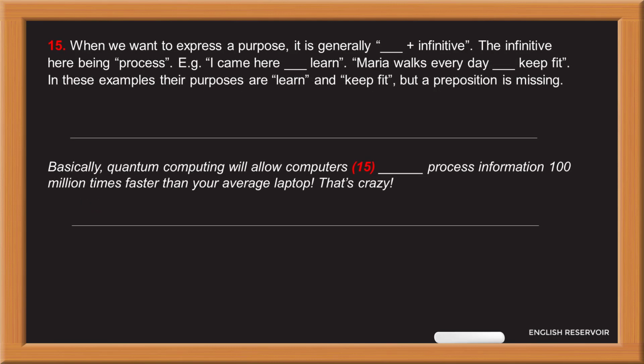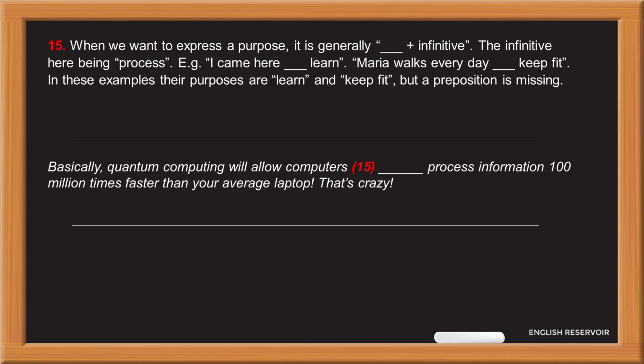15. When we want to express a purpose, it is generally to plus infinitive. The infinitive here being process, e.g., I came here to learn. Maria walks every day to keep fit.